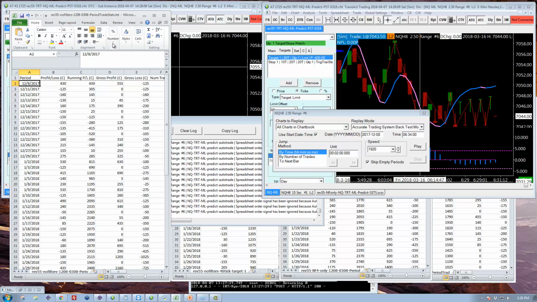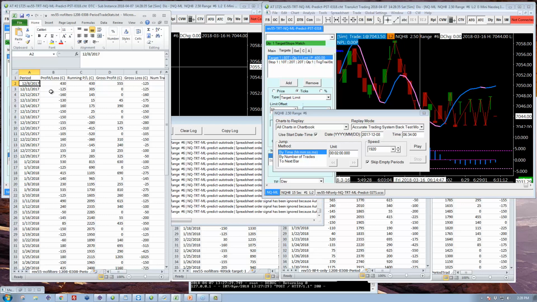So that's what you see here. This first one here is exactly what I'd been doing, no filters, nothing, just when you see that behavior, make a prediction, and I used 80 tick targets. Okay, so 80 tick targets trail by 20 after you get 20. The exact trade management that I'm using in the live trading today.